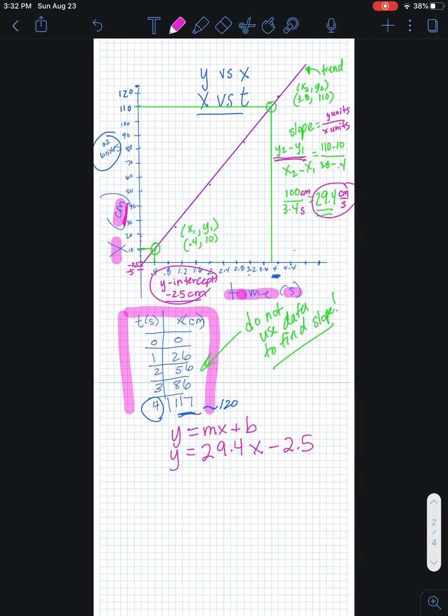Well, in physics class, we weren't really keeping track of y and x. We were keeping track of the position and time of a dune buggy. So we need to take this equation one step further. To make what we call our physics equation, we need to do some new things. Instead of y and x, we're going to go up to the graph and say, what was y recording? What was x recording?